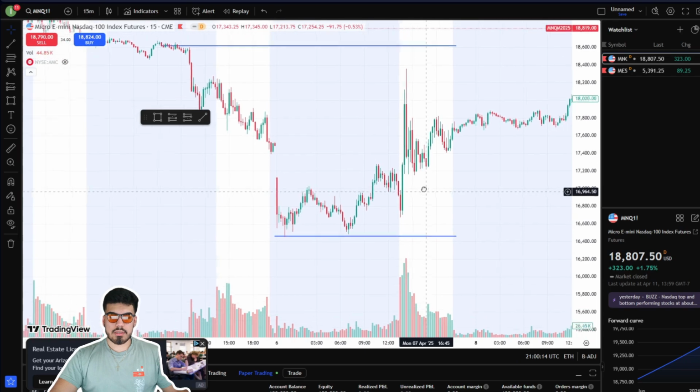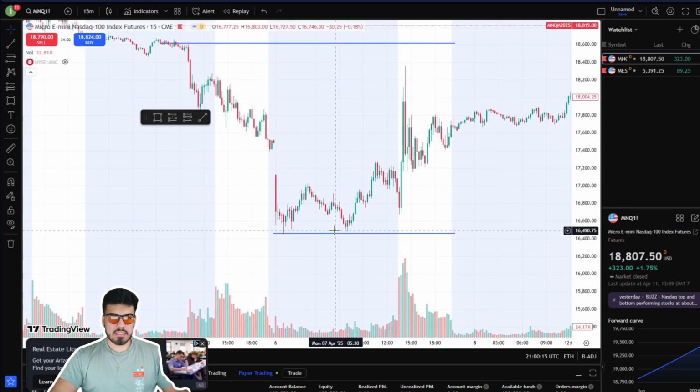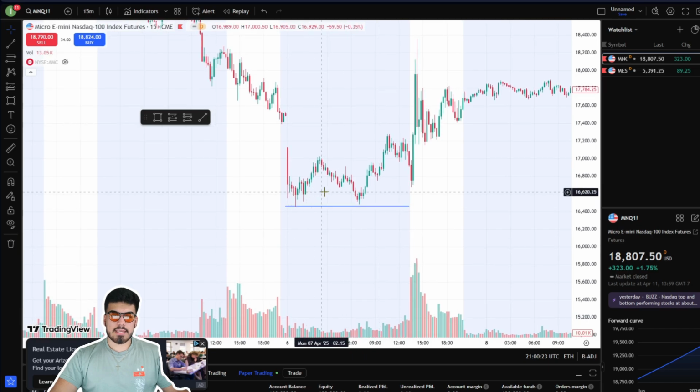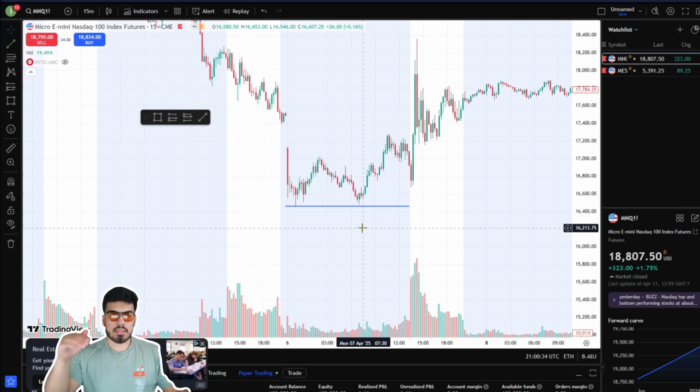What do you do with liquidity? Well, the market sets up a lot of traps. Some people see liquidity right here. They see this low right here. Pretend it goes lower and it creates a lower low. People think it's gonna keep going lower, but instead it takes that low and then it continues going higher.